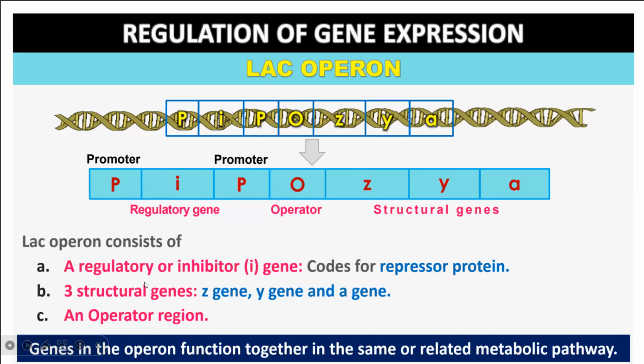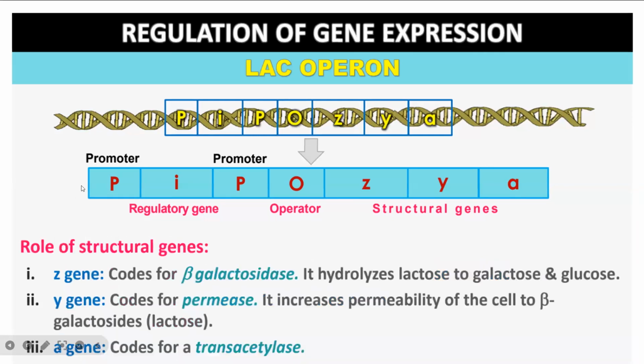Then we have three structural genes, Z, Y, A, and one operator region. We have already seen the function of these genes. The Z gene codes for an enzyme called beta galactosidase, which breaks lactose into glucose and galactose.